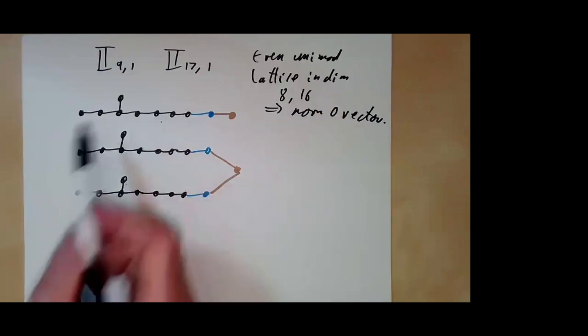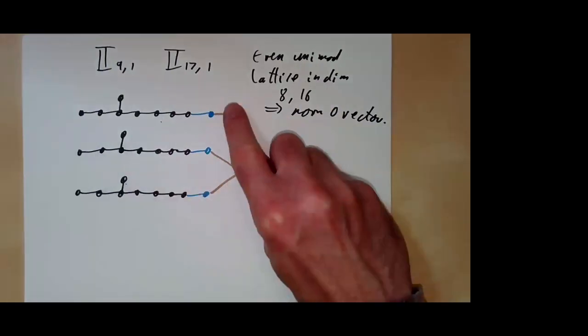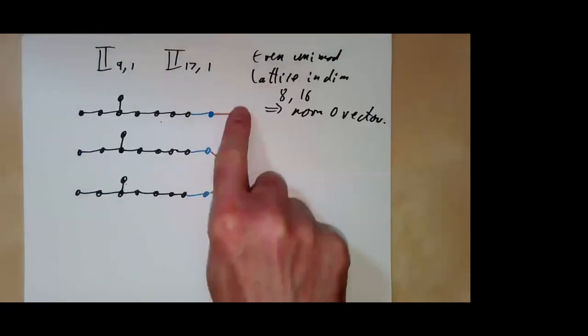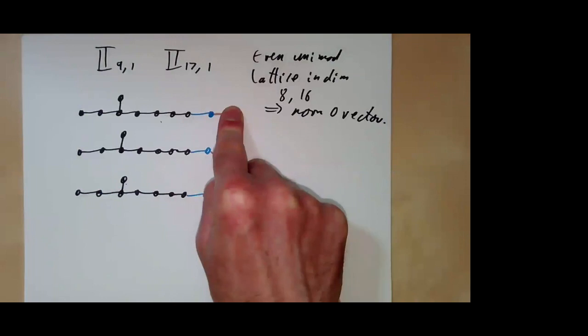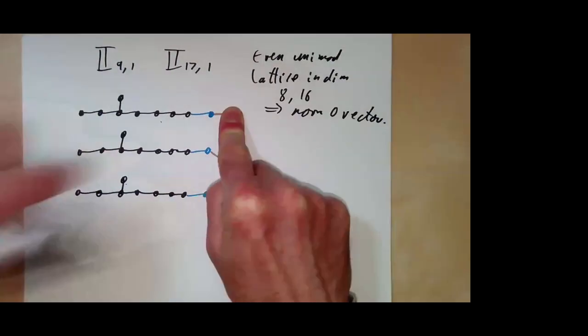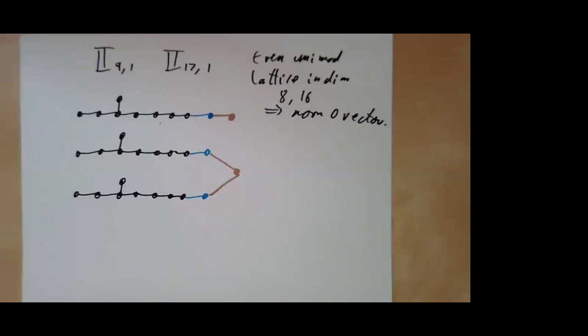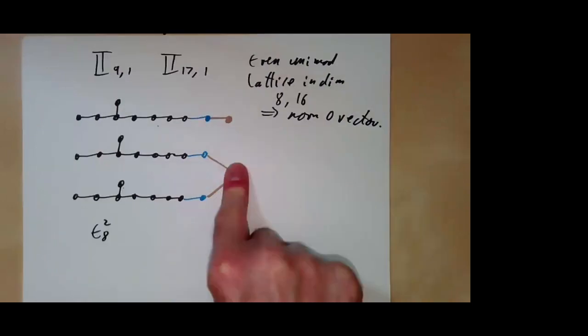For instance, for I9,1, you can see that there's one even unimodular lattice in dimension 8, and you can see its affine Dynkin diagram if you put your finger over this point here. In 16 dimensions, there's an obvious even unimodular lattice, which is E8 squared, and you can see its affine Dynkin diagram by putting your finger over this point here.